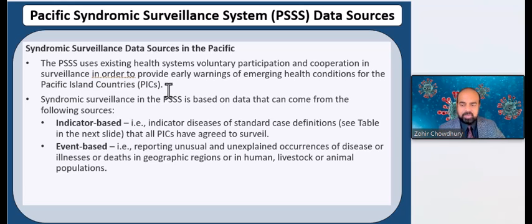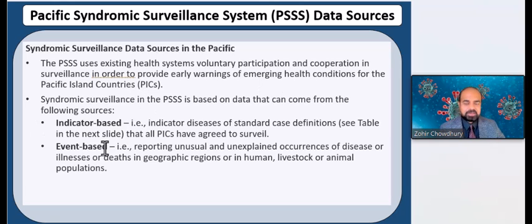Syndromic surveillance in this system is based on data that can come from the following sources, both indicator-based as well as event-based. Indicator-based is essentially where you are looking at indicator diseases with a standard case definition that all of these Pacific Island countries have agreed to surveil.